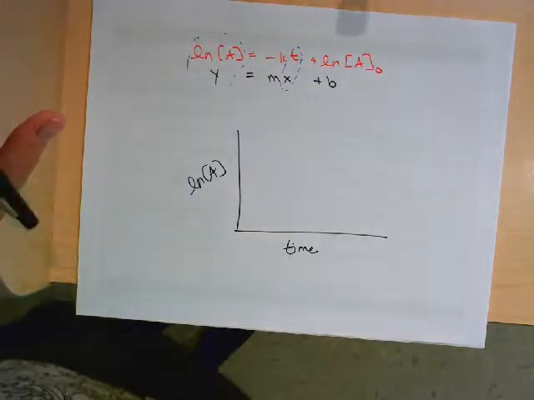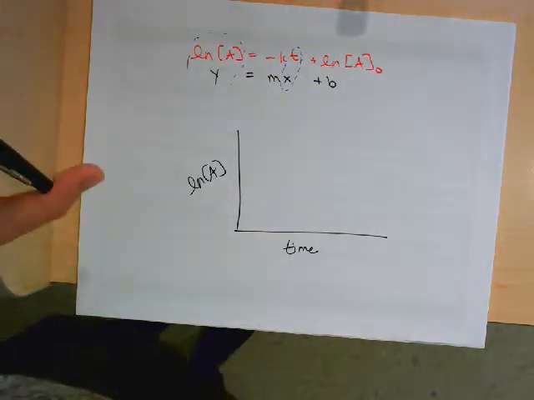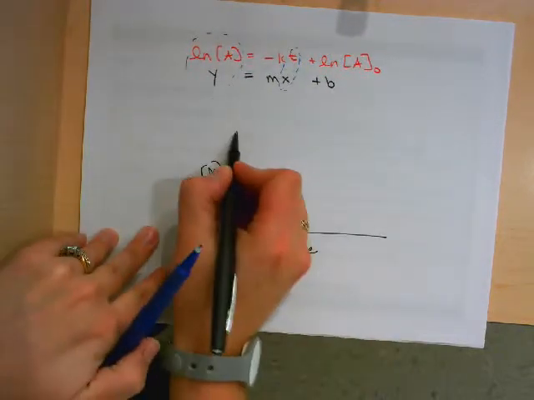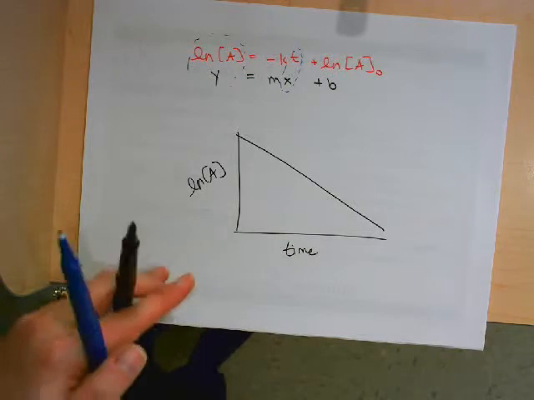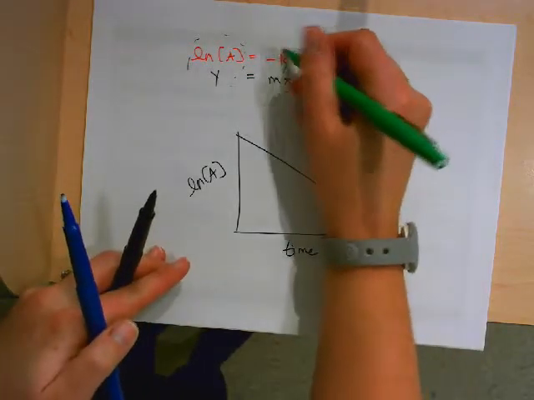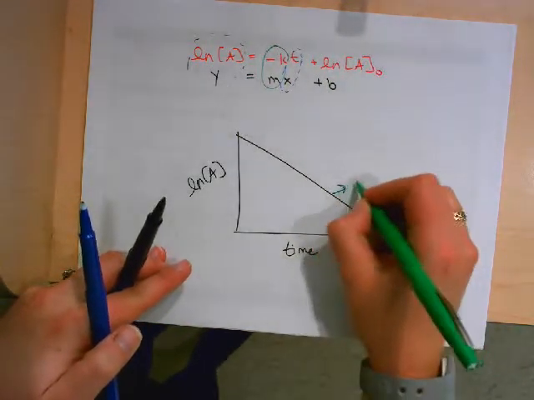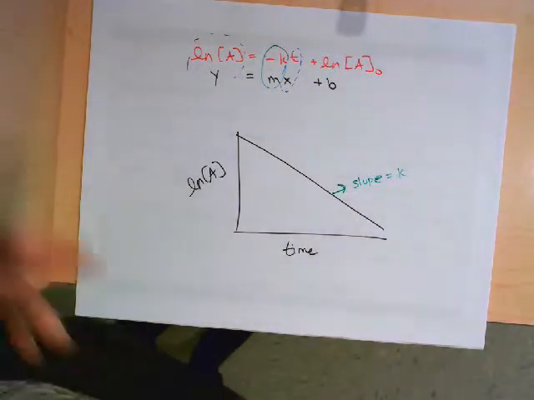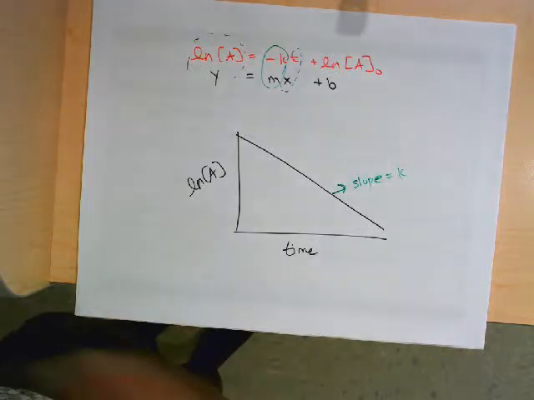Okay, what should the slope be? K, and which direction should it be going if it has a negative sign? Downward. Alright, so that's that. So the slope equals negative K, the negative sign means go downwards.